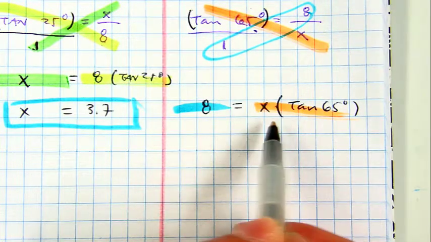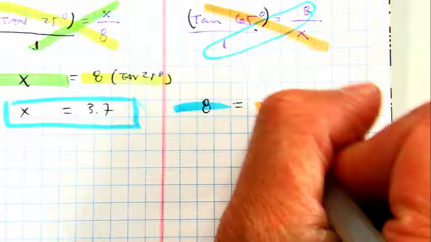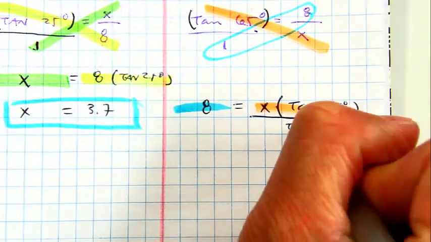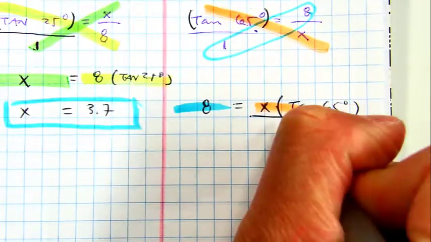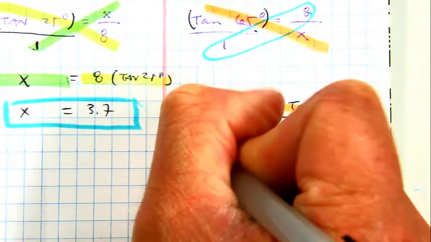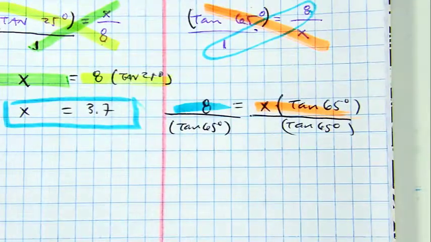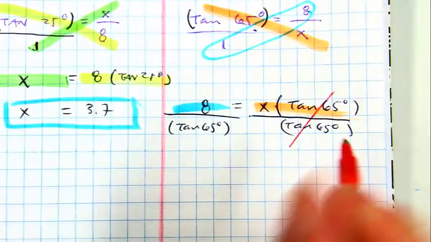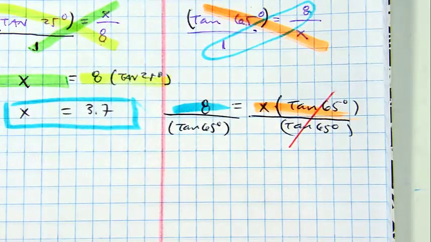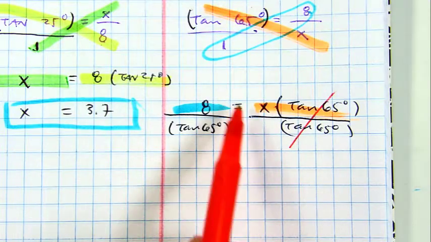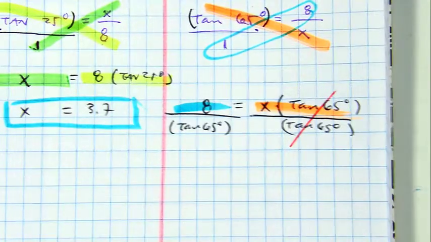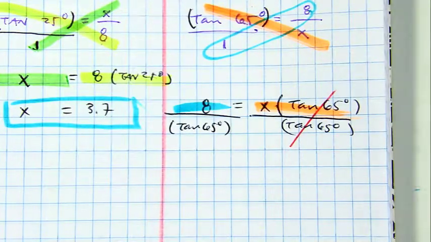The opposite of multiplication is, I'm going to divide both sides by tangent of 65. Here this equals 1, and then here you have your calculator-ready equation. X equals 8 over tan 65. Raise your hand if you got that. Let's punch it in.